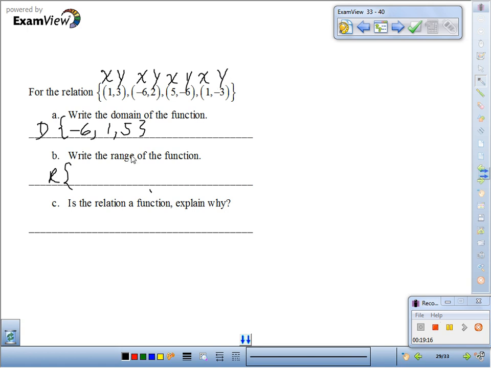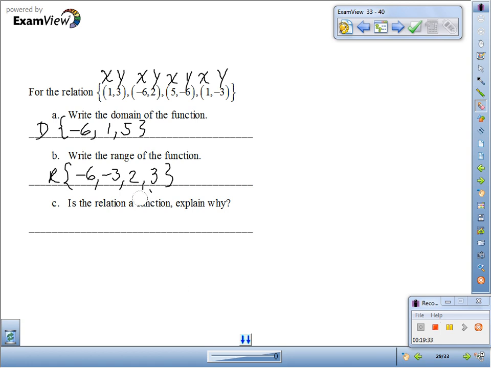So, what is our range in ascending order? Go ahead, Rafa. Go. Negative 6, negative 3, 2, and 3. Bam. Rafa in the house. Thank you. All right. It says, is this relation a function?